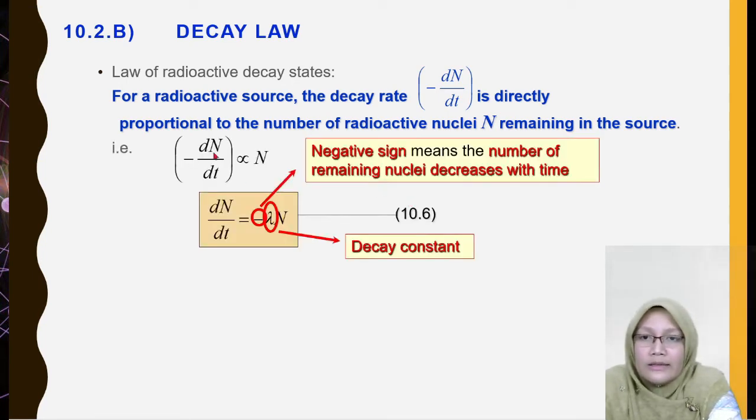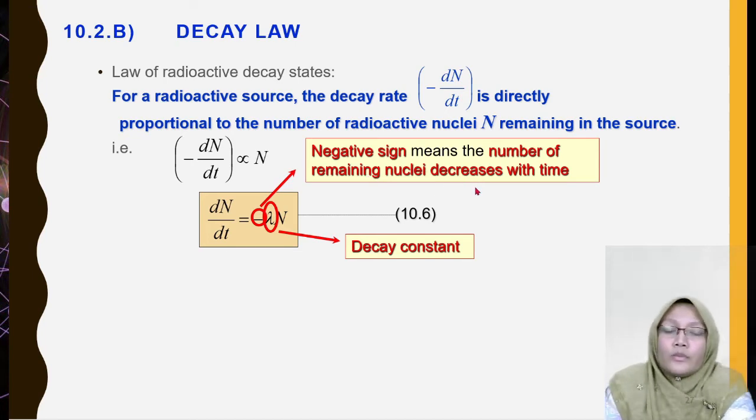So negative dN per dt is directly proportional to N, so dN per dt equal to negative lambda N. Ni proportional, dia punya law, tapi bila come to its equation, dia akan ada constant. This one we call as decay constant, lambda. Negative sign means that the number of remaining nuclei decreases with time, pengurangan dia.